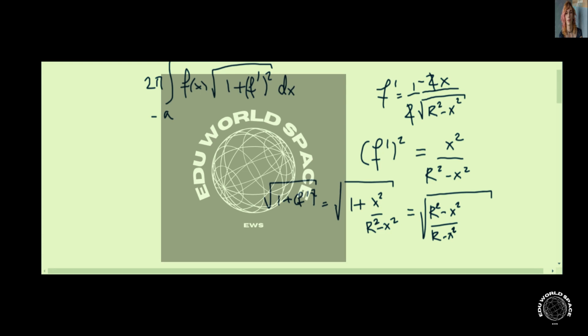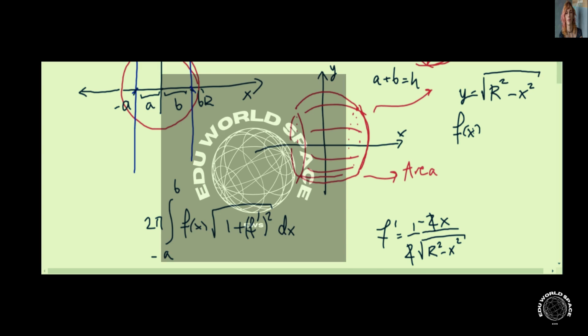This is our 1, and then that plus x squared over r squared minus x squared, and then this simplifies: all these x squared cancel, and on the top we would have the square root of r squared over the square root of r squared minus x squared. So this will be that, and then our function is this.